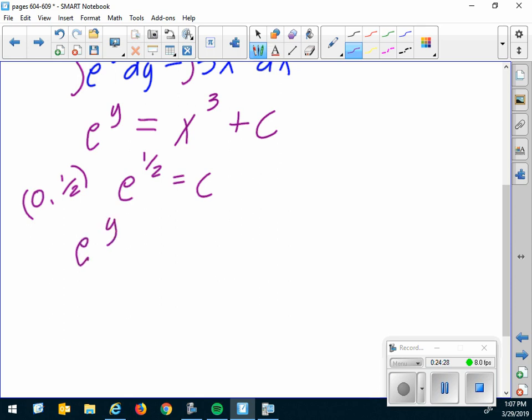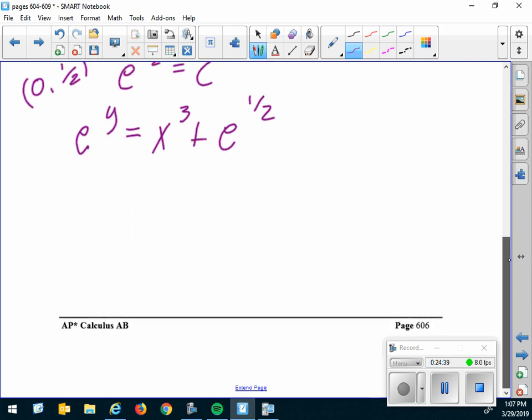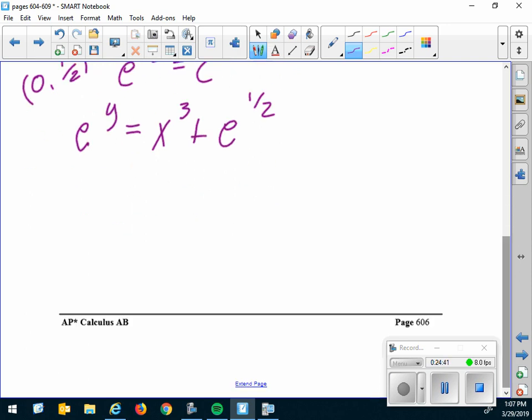So e to the y equals x cubed plus e to the 1/2. How do I get a variable out of an exponent? You take a log. Do you remember?